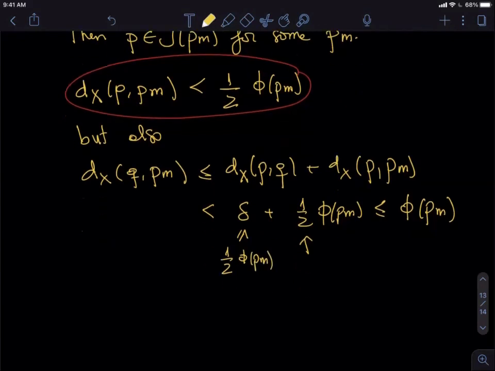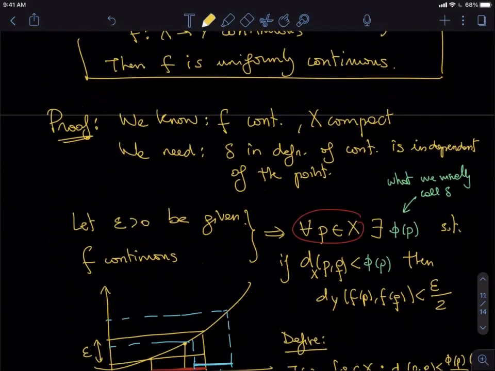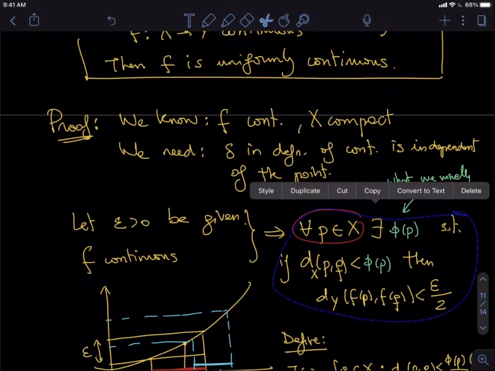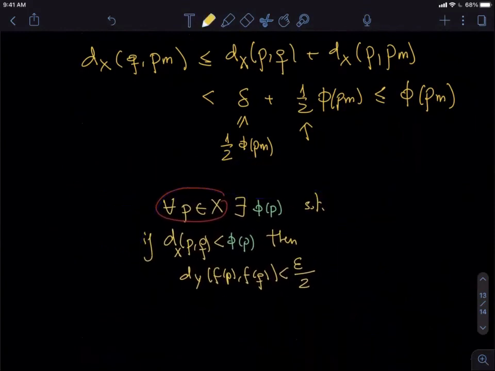But then by continuity, remember in the very beginning, we said that for every epsilon, there existed some phi such that, and here comes the important thing, if the distance between P and Q was less than phi of Pm, then the distance between the images would be less than epsilon halves.